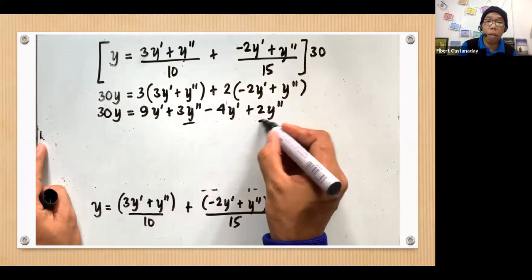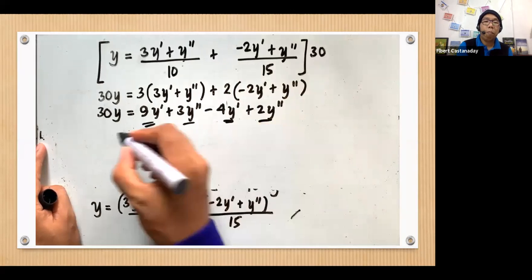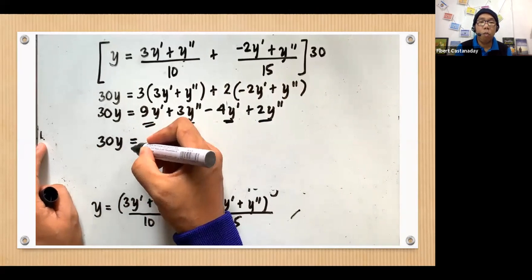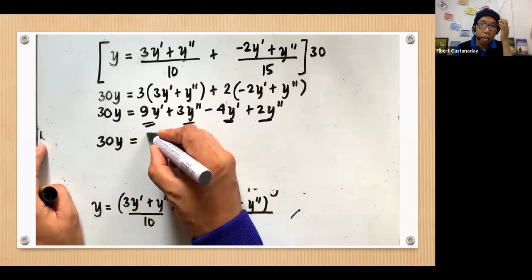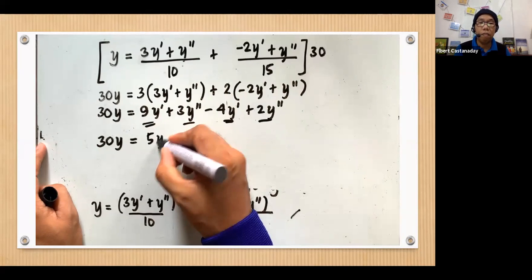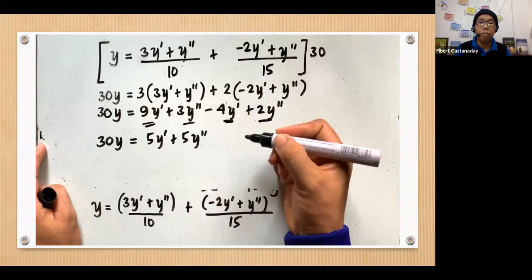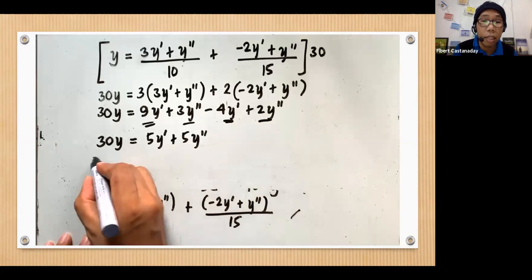You have y double prime, y double prime, y prime, and y prime. So copy lang 30y equals 9y prime minus 4y prime is positive 5y prime. 3 plus 2 is 5y double prime. Okay? So ayan na, na-simplify na natin, but may common pa rin sa kanila.